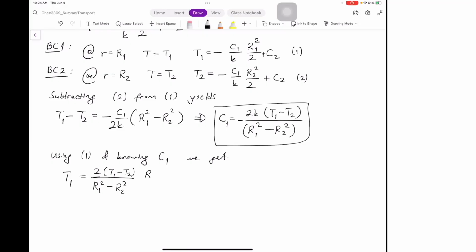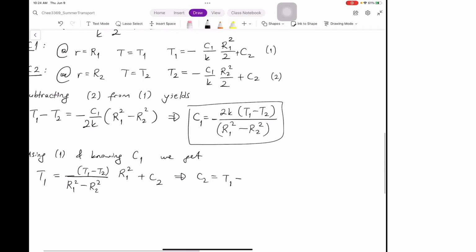Times R1 squared over 2. Well, I can get rid of the 2's as well. So plus C2. So you can solve for C2 is equal to T1 minus T1 minus T2 times R1 squared divided by R1 squared minus R2 squared.